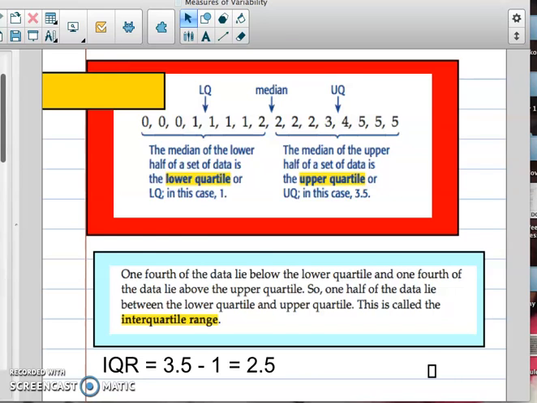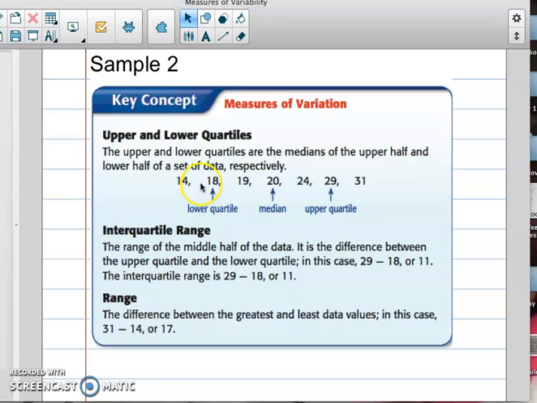Let's see. So to summarize, for the upper and the lower quartile, let's say for example I have this data over here. It was already arranged. So the upper and lower quartile are the medians of the upper half and the lower half. So we have 14, 18, 19, 20, 24, 29, 31. The median is exactly 20. I don't really have to divide because it's just in the middle. So in that case, the upper half is right here, and the median of this data is 29.